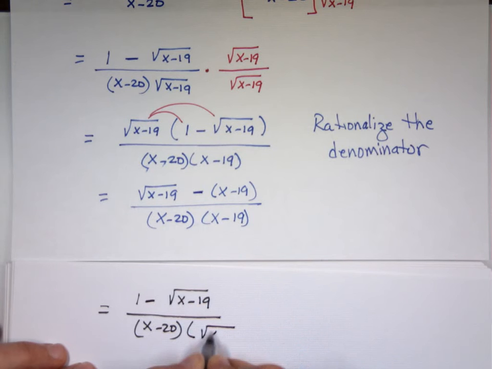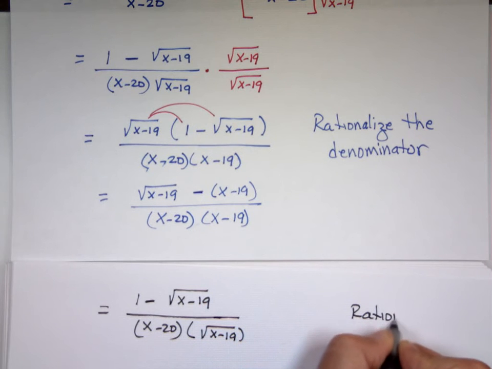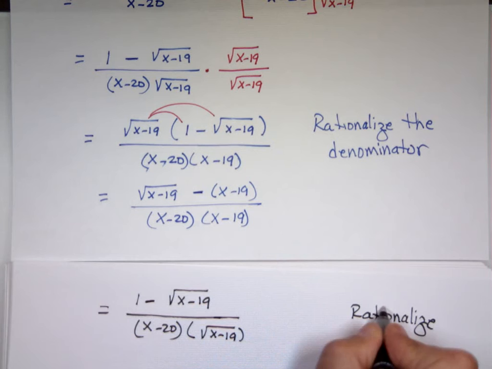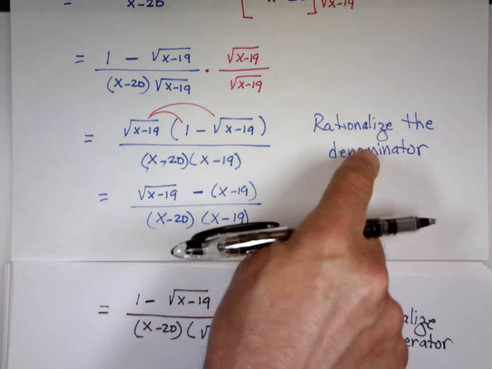Let's say the problem says rationalize the numerator there. Instead of the denominator, they said we don't want to see a square root on the top.